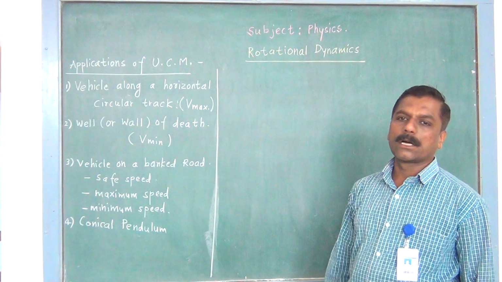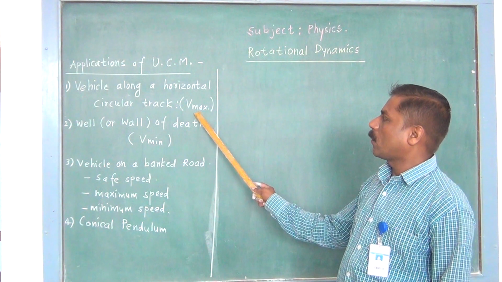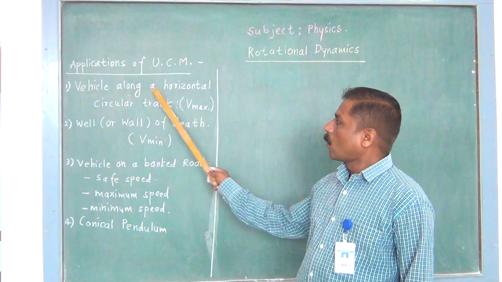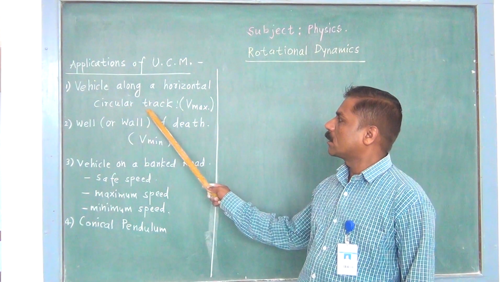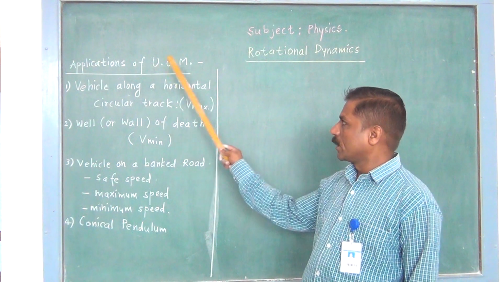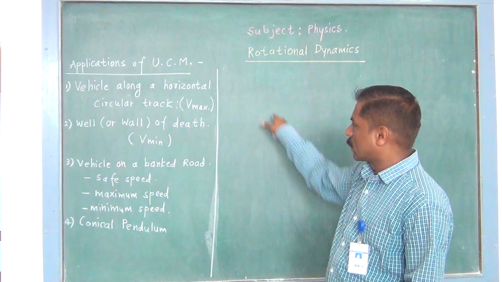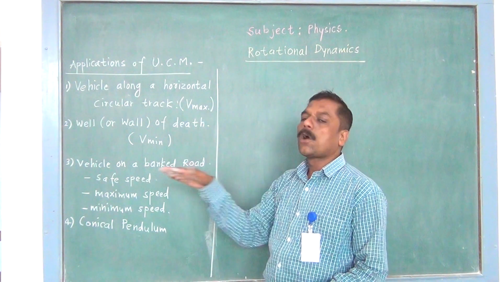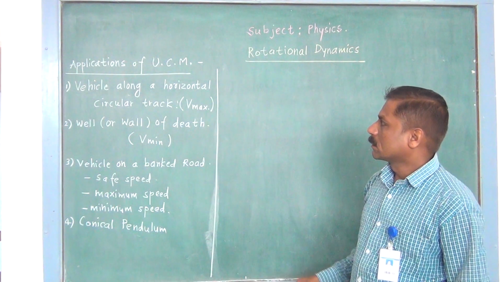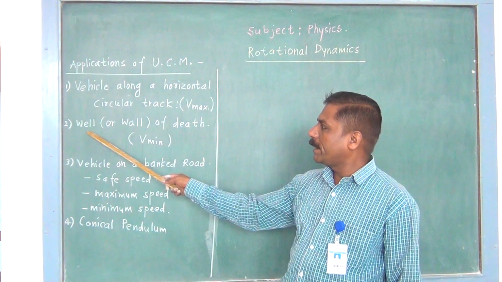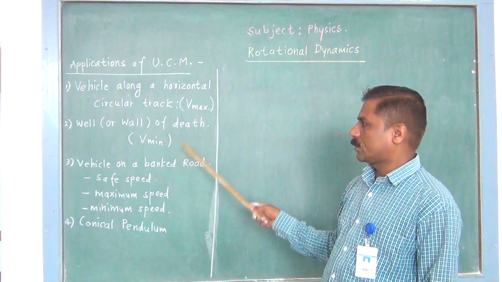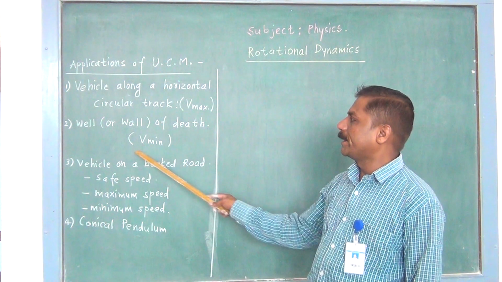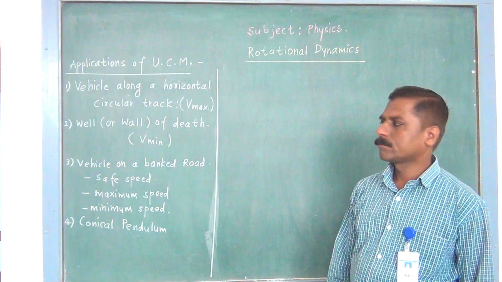We want to find out the maximum speed of that vehicle, which is moving along a horizontal circular track, meaning the road is in circular form, but it is a horizontal one. The second application is a well or wall of death. We want to find out the minimum speed in this application.